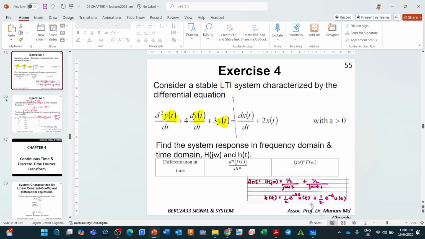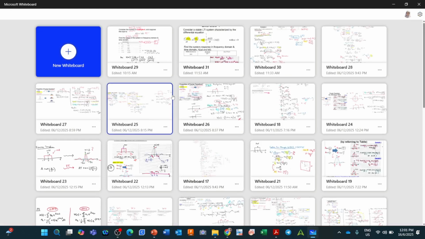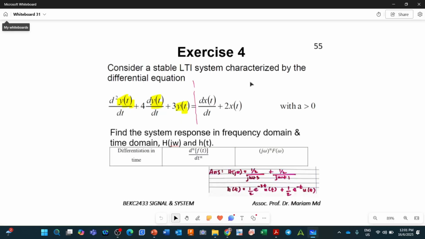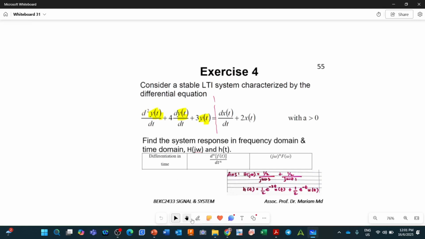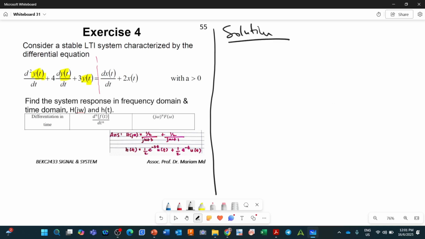Okay guys, let's continue. Right, so for the solution, make it a normal practice to write again the equation given.